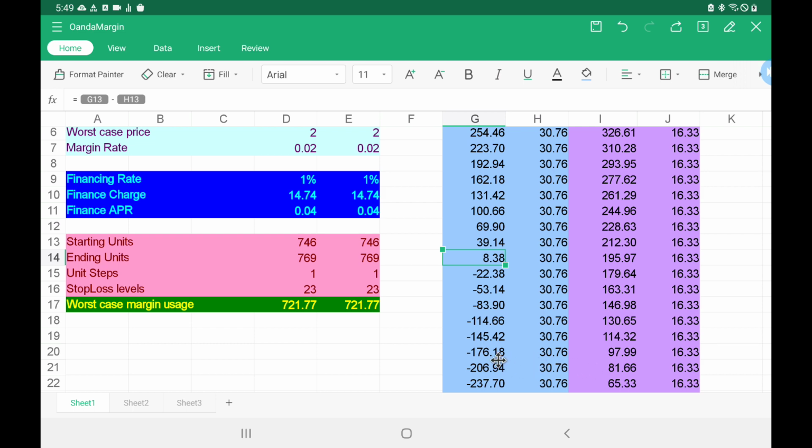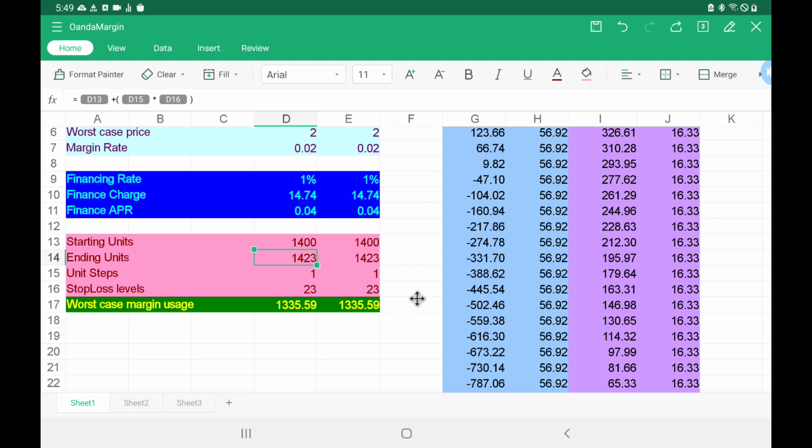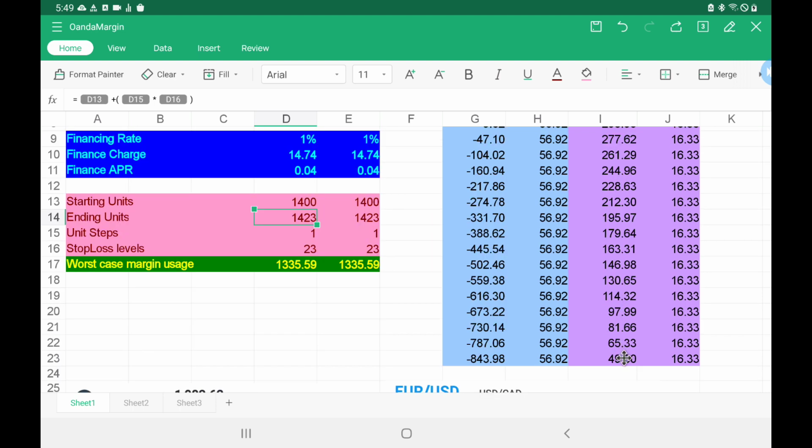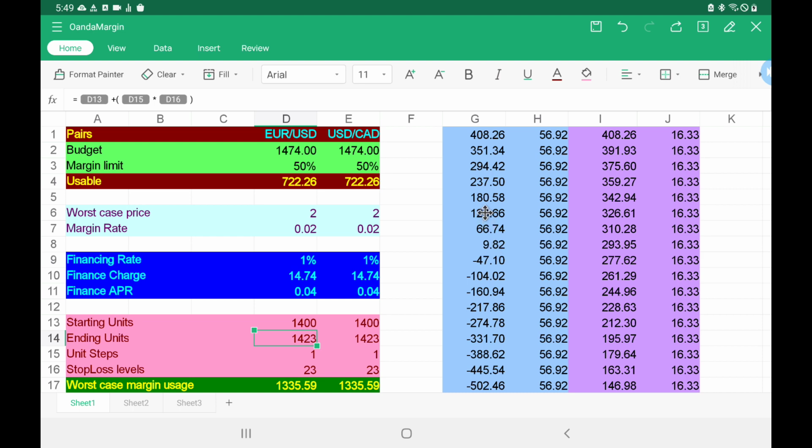Because if you do something wrong, let's say, as you've seen in my shorts where I tried units of 1400, what happens? Well, it turns into a hot mess. Even though it says here it's going to work, it actually doesn't, because you don't have the balance because of the unrealized losses.